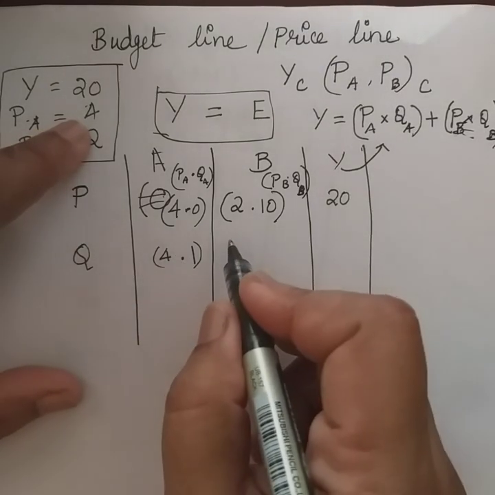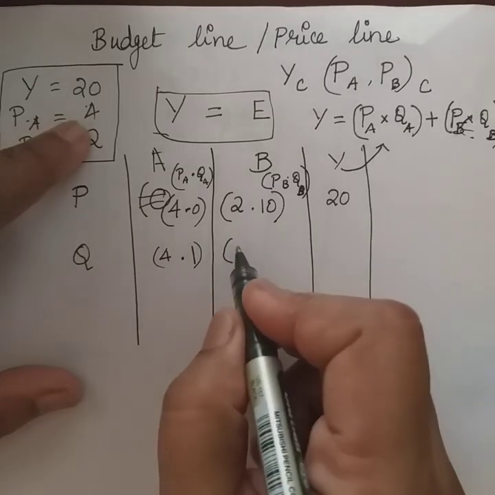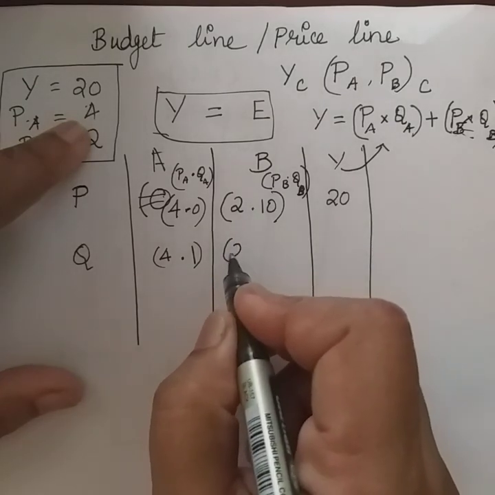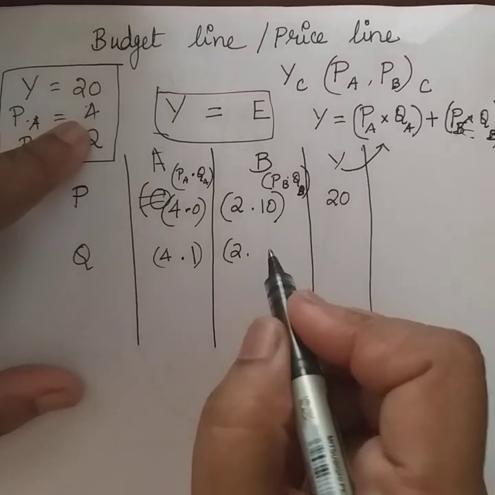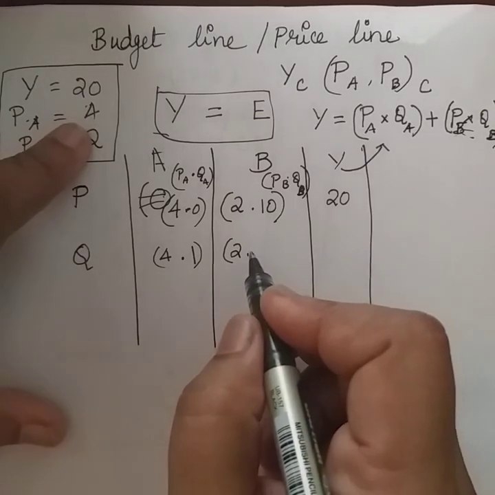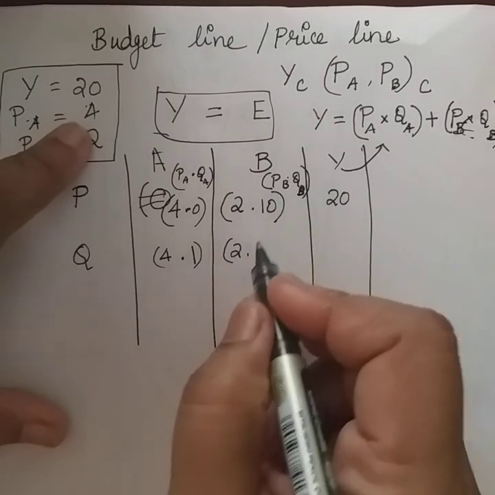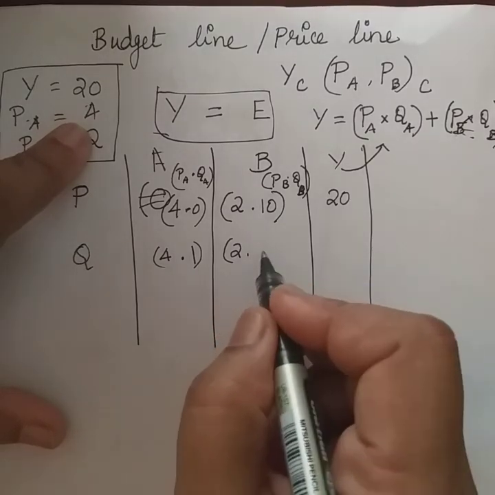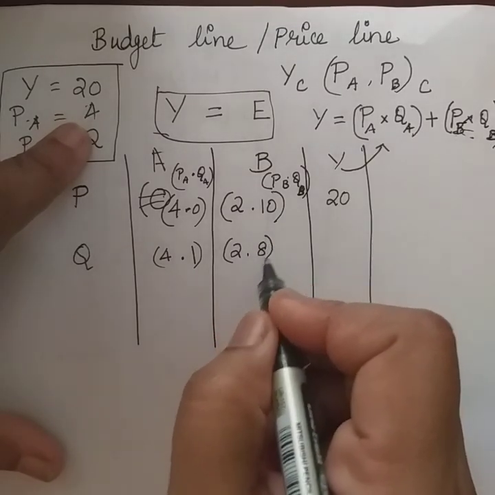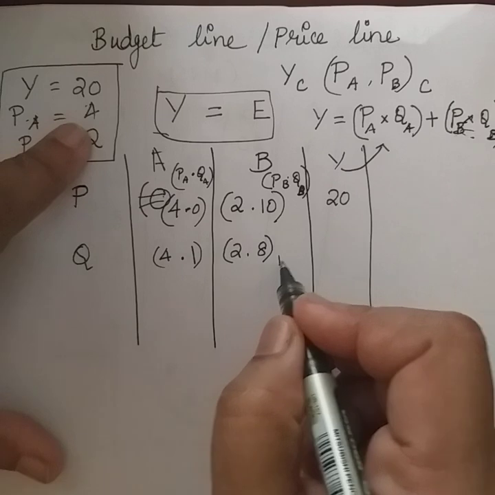What would be left will be 16. So at the rate of 2, 16 rupees is left. So how many units of B will the person be able to buy? 8. Fine. 8 into 2 will be 16.